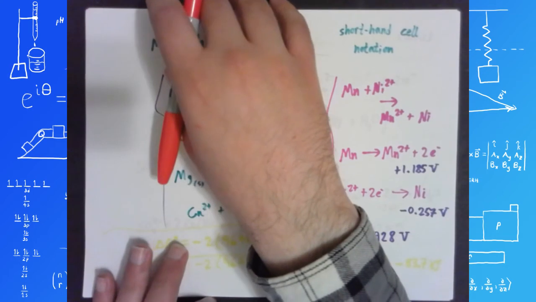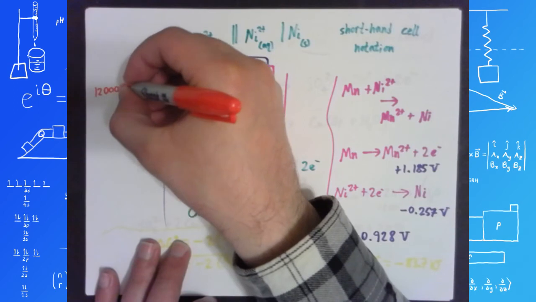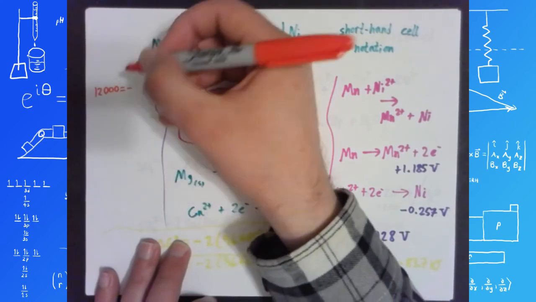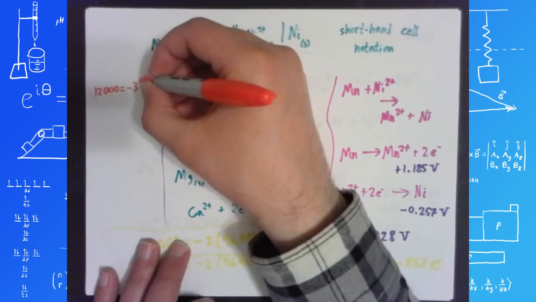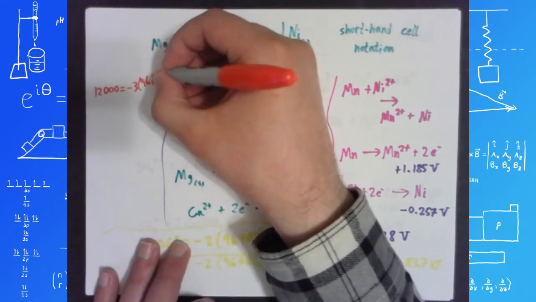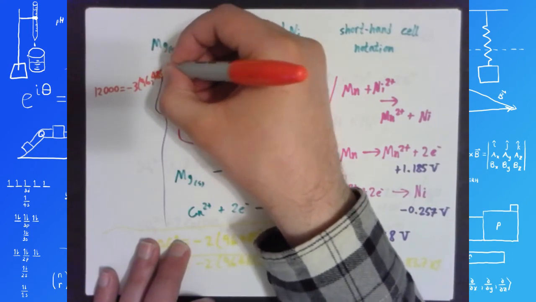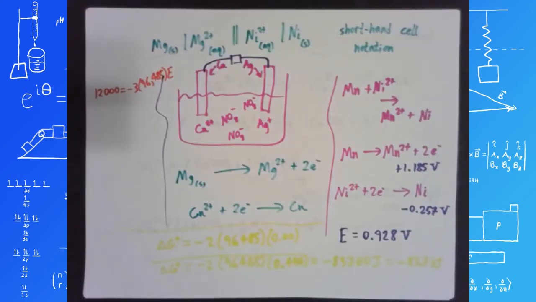So 12 kilojoules is 12,000 joules, so 12,000 equals negative NFE. They gave us N equals 3 for this one, times Faraday's constant, 96,485, times E, which we need to solve for. So 12,000 divided by negative 3 is negative 4,000.